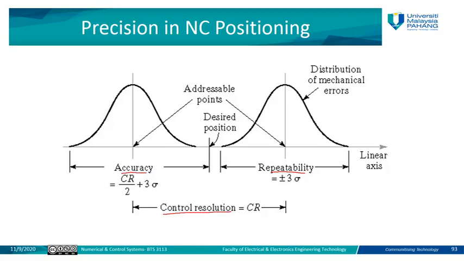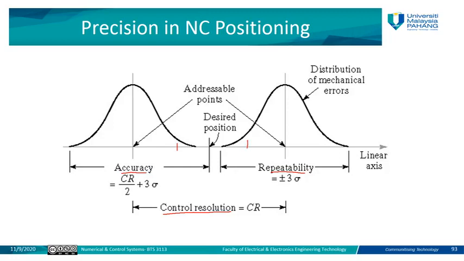Control resolution is the difference between the 2 points. As we make these 2 coordinates closer, we decrease the control resolution, so it makes the system more accurate. You can see here the accuracy is the difference between the desired position and the actual position, or the addressable point.